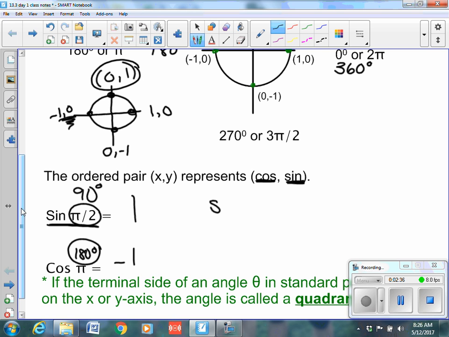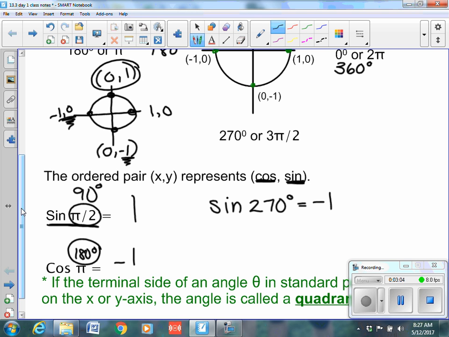Okay, let's do another one. Let's do the sine of 270 degrees. You're going to make a little picture like this, and you're going to look at where 270 degrees is. It's right here. Sine is the second one because it goes in alphabetical order, cosine and sine. Sine of 270 is a negative 1.